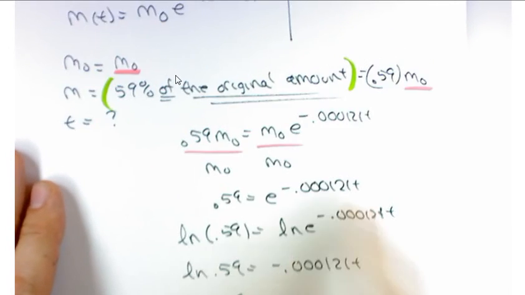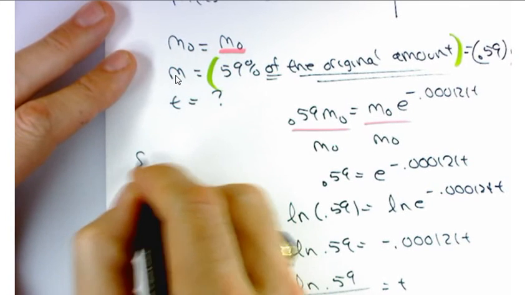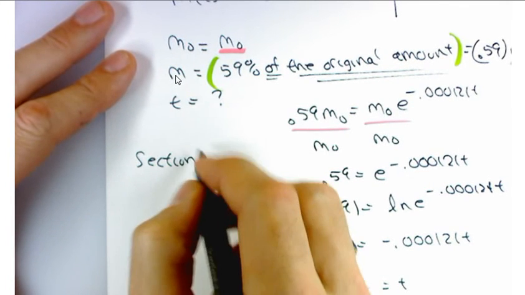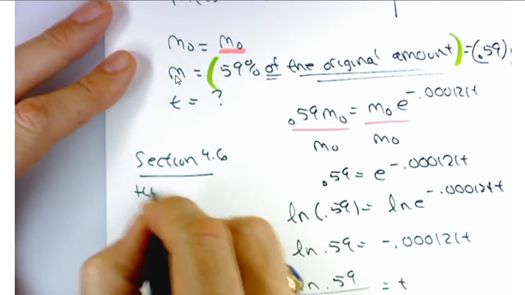For homework, this is section 4.6. For homework, try 1 through 11, 17 A through C, and for problem 23, you can use the formula that we just did.